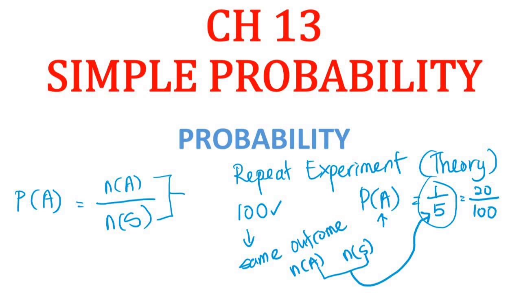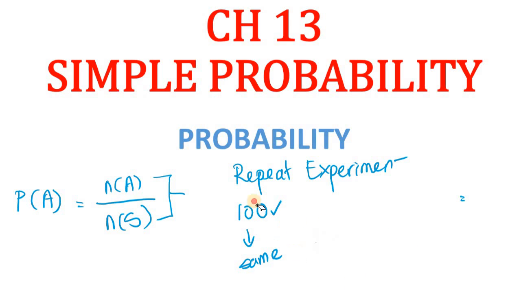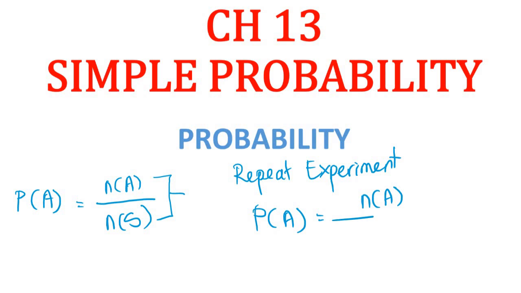That's why we have another formula. When we repeat the experiment, the probability will become the number of event A over the number of times you repeat the experiment.